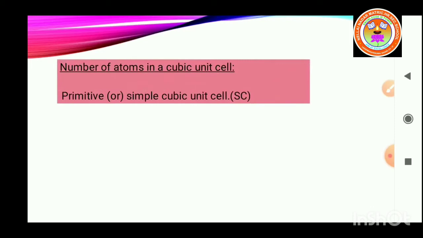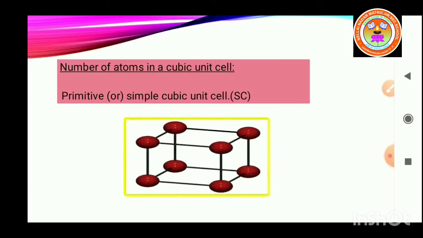The next one is the number of atoms in a cubic unit cell. Okay, already told that the cubic unit cell has a further classification. Primitive, that is the simple cubic unit cell, is simply represented by the letters SC. See the diagram here. This is a diagram of the simple cubic unit cell.